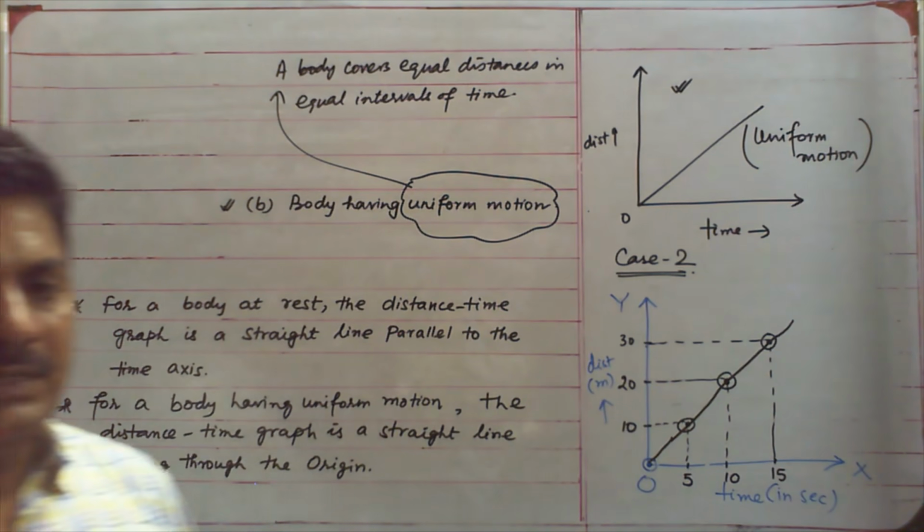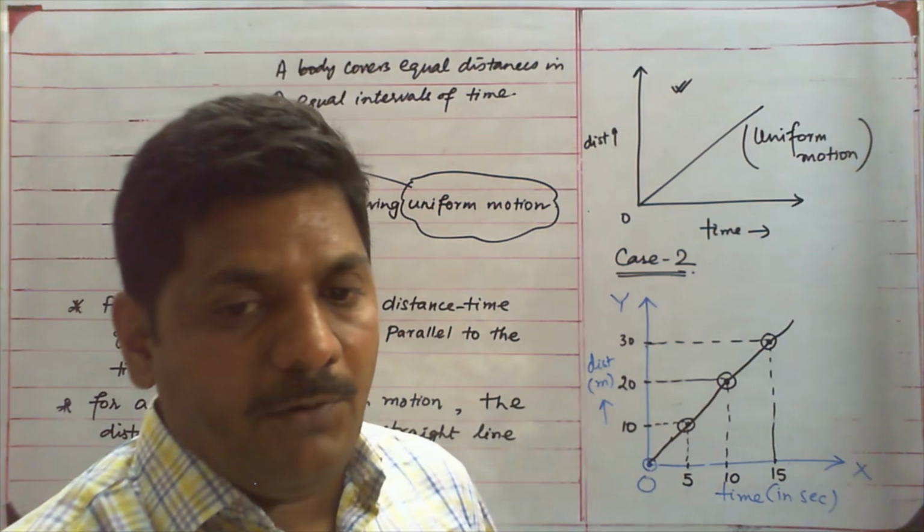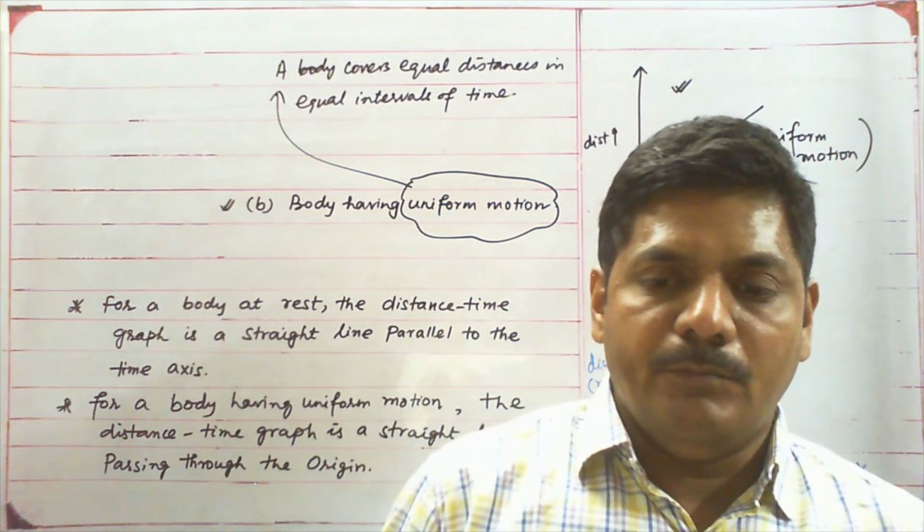Now let us come to case number 3, which is a body having non-uniform motion.